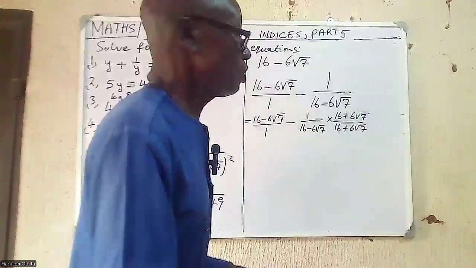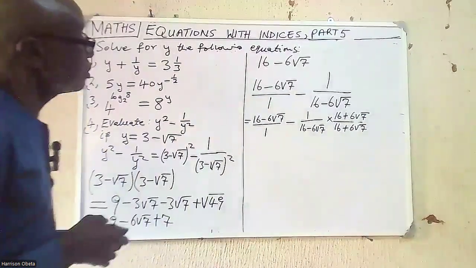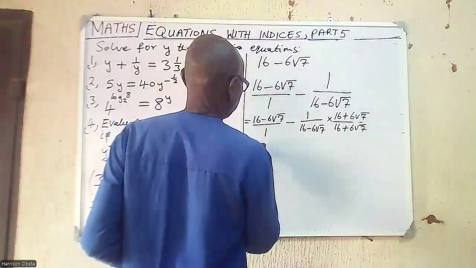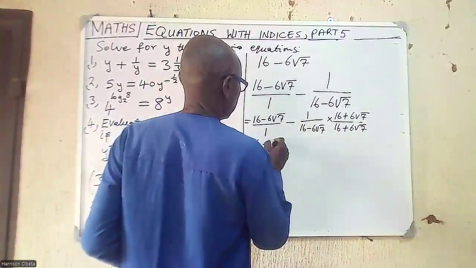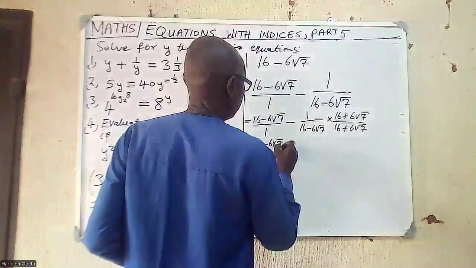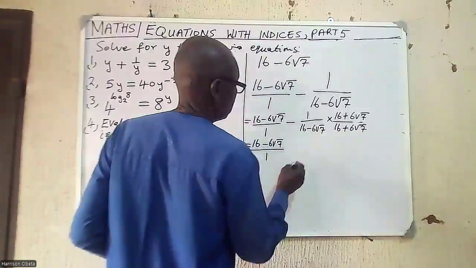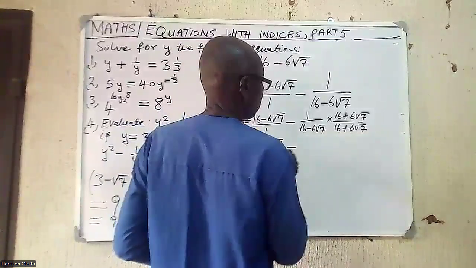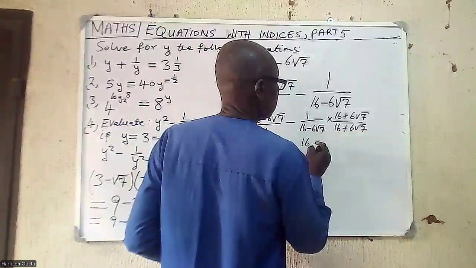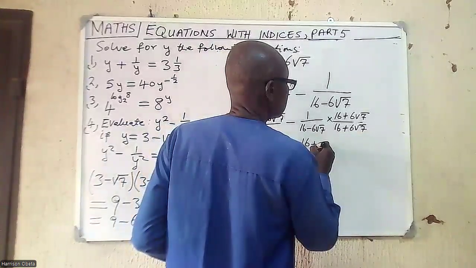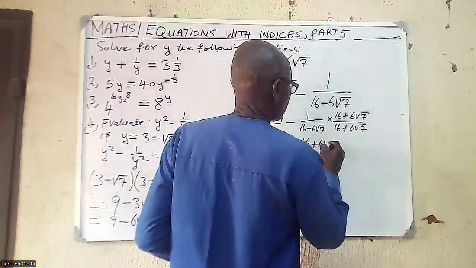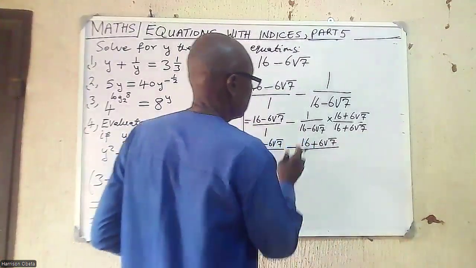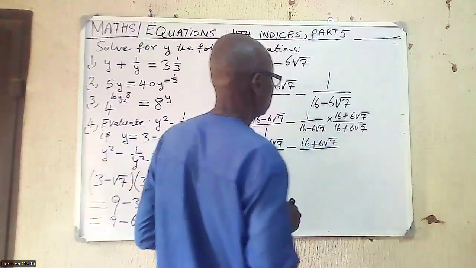Okay? So in order to simplify, we are now going to have 16 minus 6 root 7 all over 1 minus (16 plus 6 root 7), everything over 16 times 16.